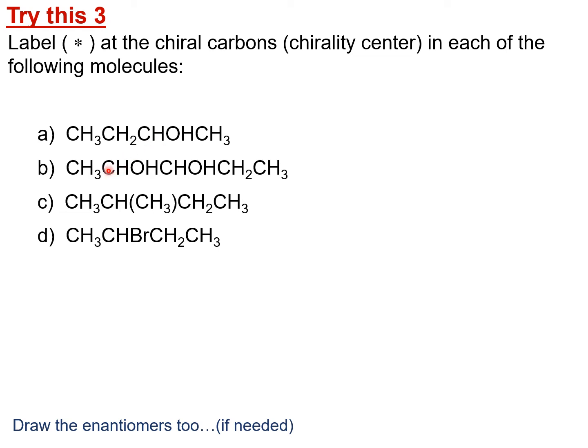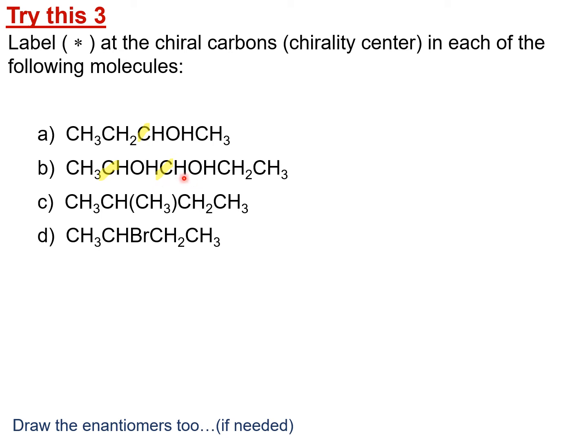Okay, macam ni. Kalau yang A ni, the potential chiral carbon here ialah this carbon. Okay, kalau B pula, oh, ada few carbon yang attached pada satu hydrogen atom, which is this one and this one. So that means ada 2 carbon yang potentially boleh ada chiral center.